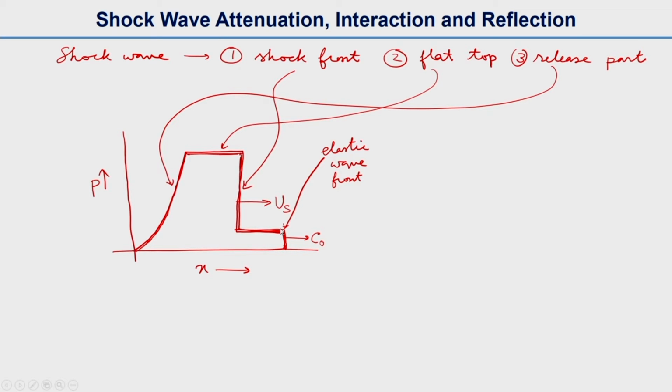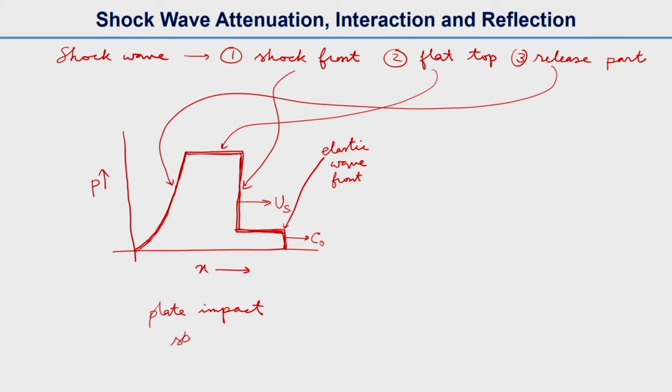As you know, we are assuming here the elastic wave will travel faster than the shock wave, Us, and this is for a planar impact. This is for a plate impact. For an explosive impact, that will be a little different, that I will show you.